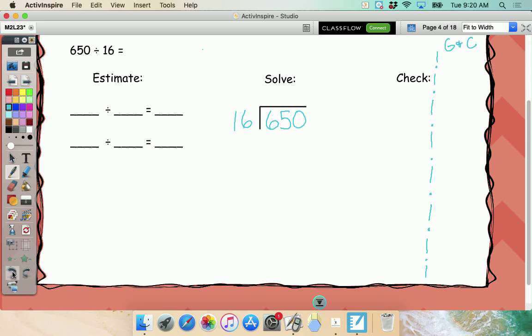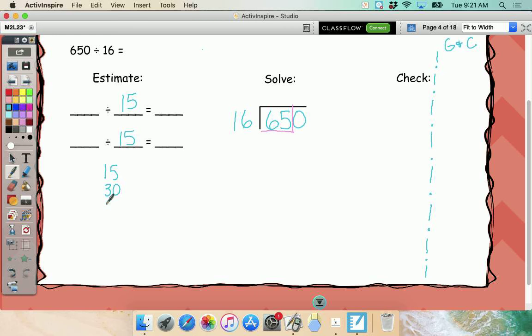Okay? All right. So the first step, after I write the problem, is to decide if the first 2 numbers are large enough. Are they? Okay. Then I decide what I'm going to round my divisor to. 15, totally. Go ahead and write it both times.